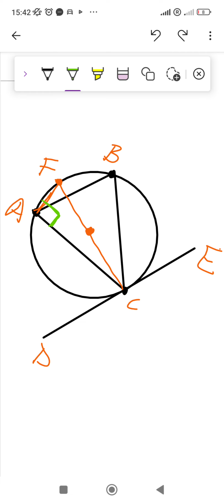We also know that this angle over here on this side is also 90 degrees. The reason for that is theorem 7: if you have a radius and a tangent, the angle created between the radius and the tangent is 90 degrees, more of a definition, right? So we have a radius and a tangent, so that's 90. We have angles in a semicircle, so this is 90. So we have those two 90s.